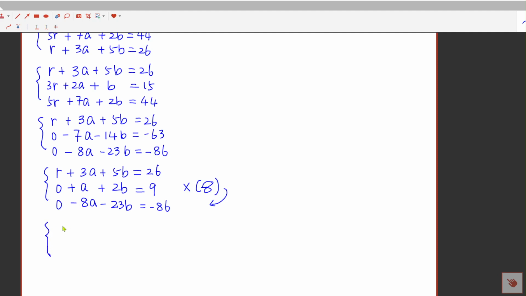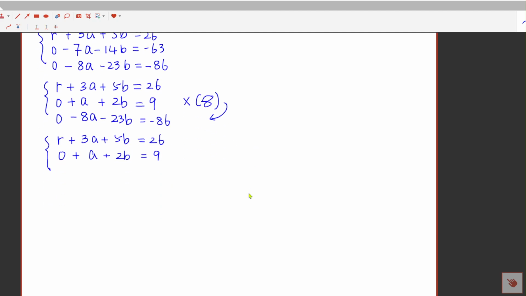And this will give us, okay, first one does not change anything. So let's just copy that here. And then second equation does not change. And let's copy it here. Then second equation times positive 8 added to the third one gives us 0 plus 0, right? 8a minus 8a gives us 0 here.